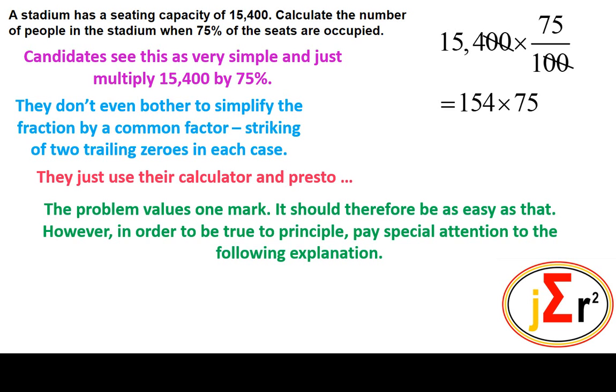I am attempting to show you why we do things like these, things that we take for granted, that are heavily based in principle. There's your answer: 11,550.